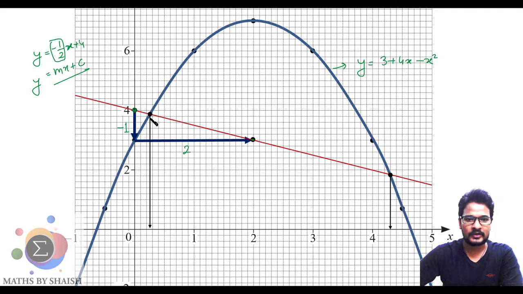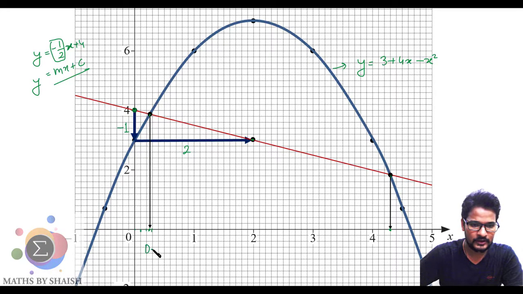Then we will find the 2 intersection points of this line and the curve. One is this, another is this. Corresponding to that we have x values, this as 1 x value, another somewhere here. So now we will figure out what this is. It is 0, it is 1, so 0.1, 2, 3. So it is something in between 0.2 and 3.